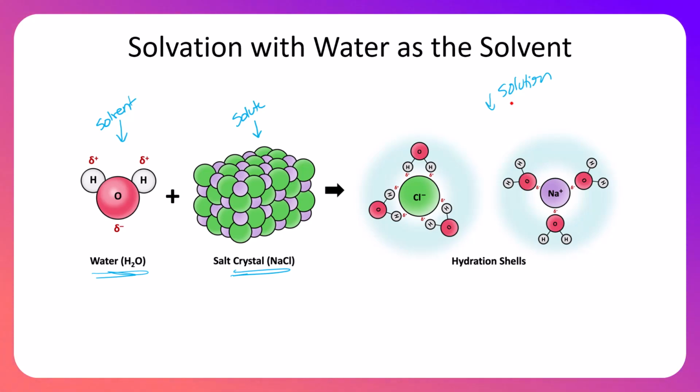Because NaCl is ionically bonded, meaning bonded between two ions, we have a negative chloride ion and a positive sodium ion, meaning sodium gave up one of its electrons and became positively charged, and chlorine gained that electron and became negatively charged.